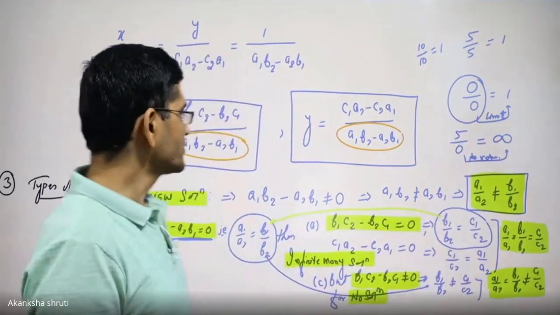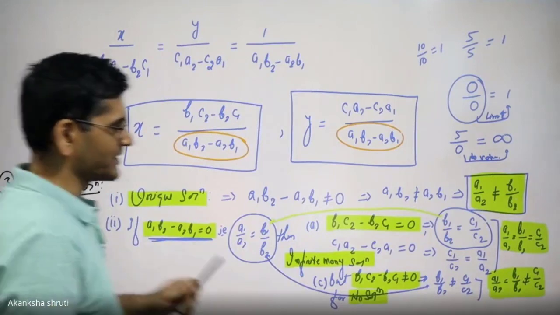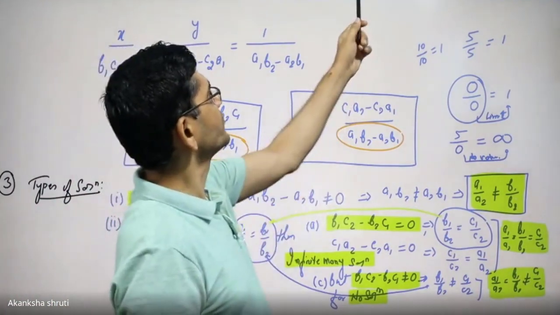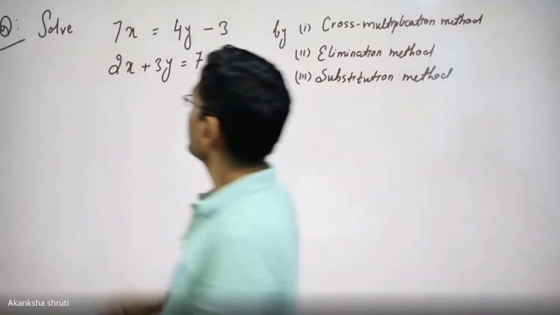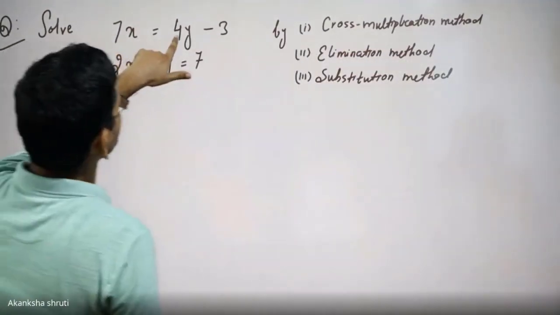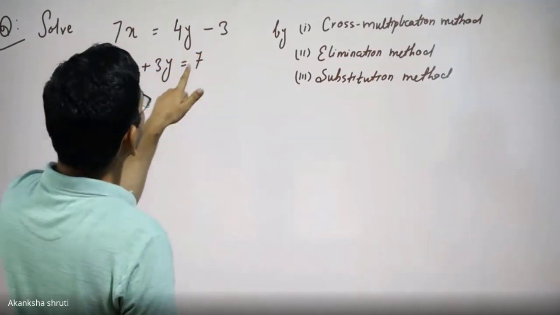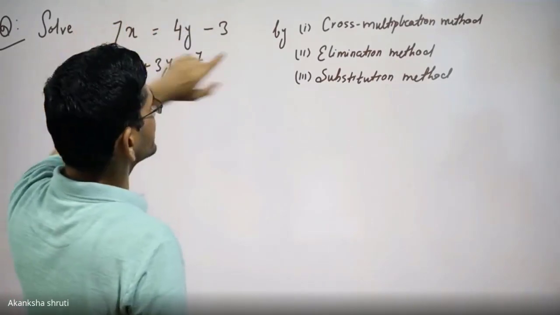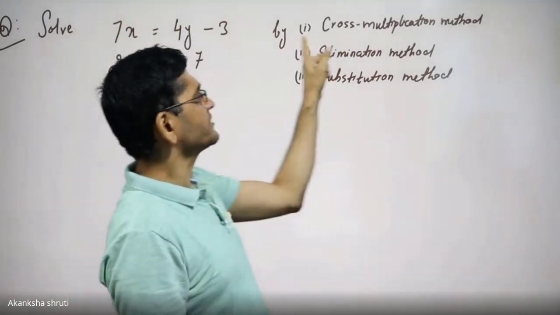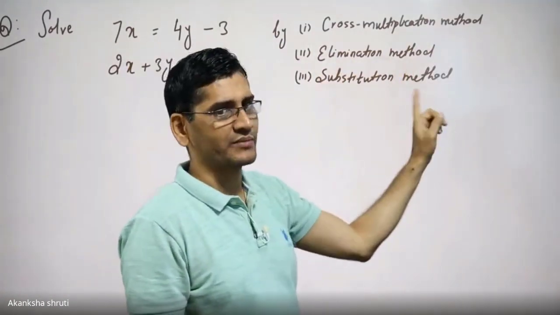Okay, student. So this was all about how to predict the solution from the cross multiplication method. Let us go for a question to understand this method. The question given is 7x is equal to 4y minus 3 and 2x plus 3y is equal to 7. These are the pair of equations. We have to solve this by cross multiplication, then elimination, then substitution, by all three methods.